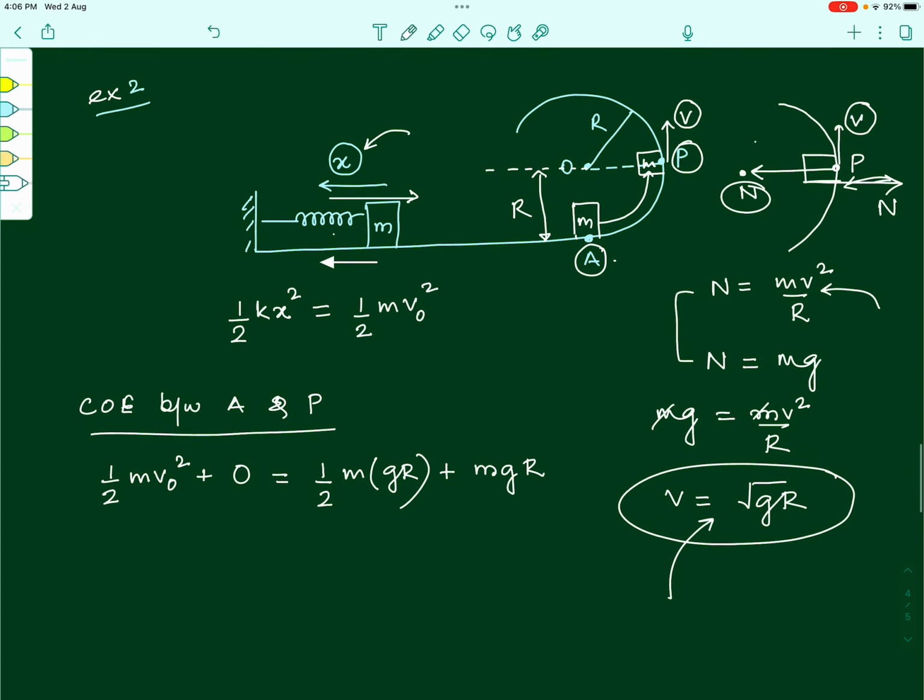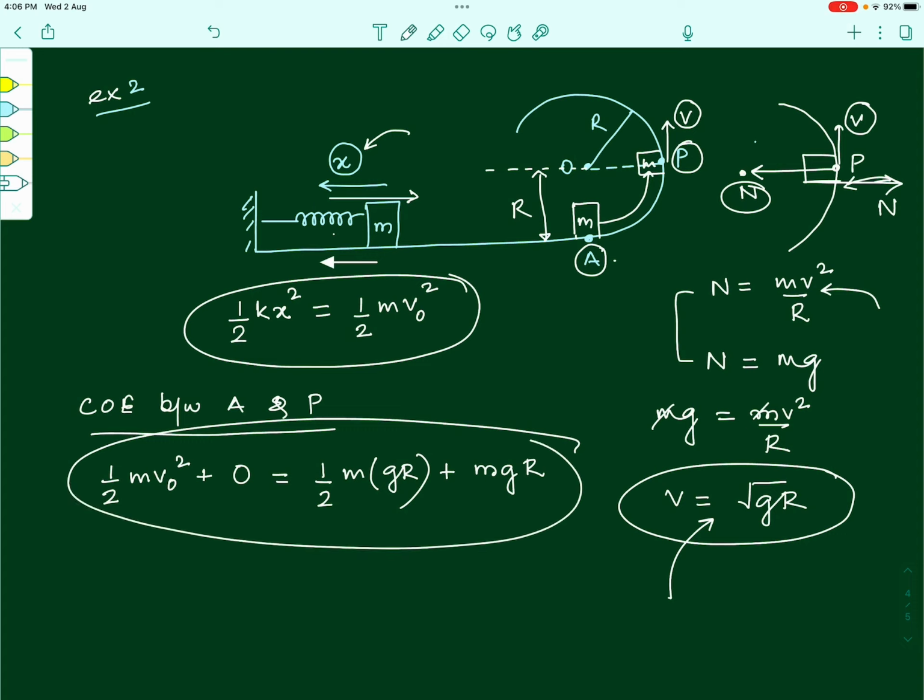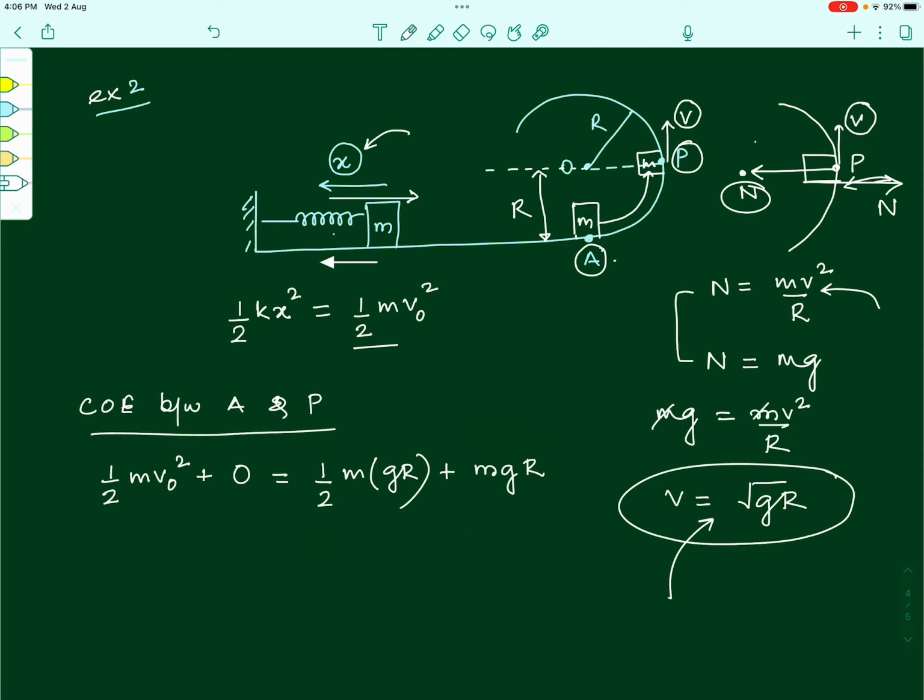So, from here now, connecting this equation and this equation together, we can solve for x in terms of the other quantities. See that half mv naught squared that we are using on the left hand side, its value is actually half kx squared.